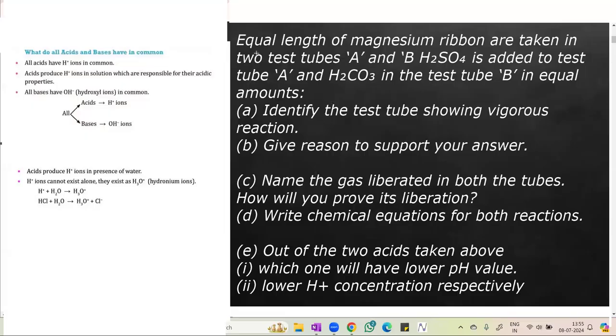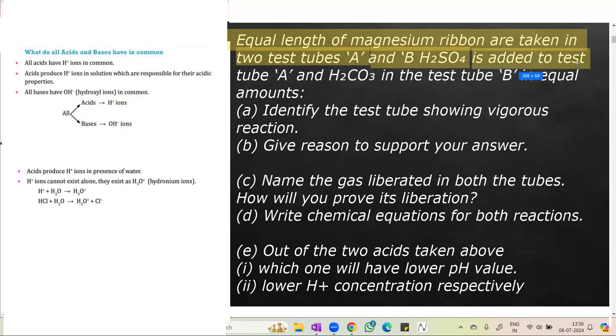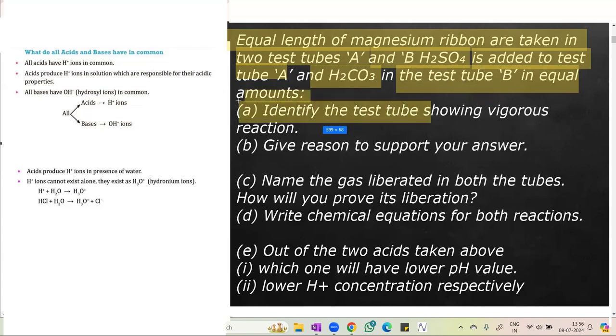Now, next I have taken 5 questions, one question with 5 parts. The question here is, if equal amounts of magnesium ribbon are taken in test tubes A and B, and sulfuric acid, H2SO4, is added to test tube A, and carbonic acid, H2CO3, is added to test tube B in equal amounts, we have to identify in which case the reaction will be vigorous.